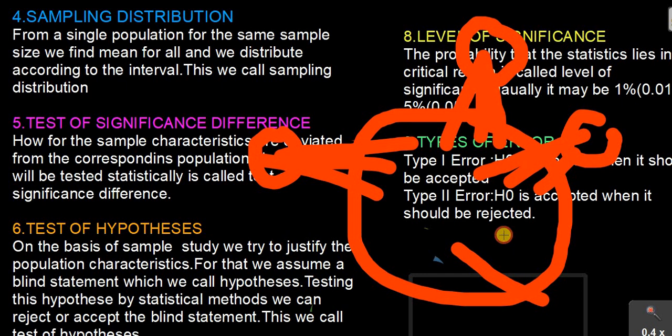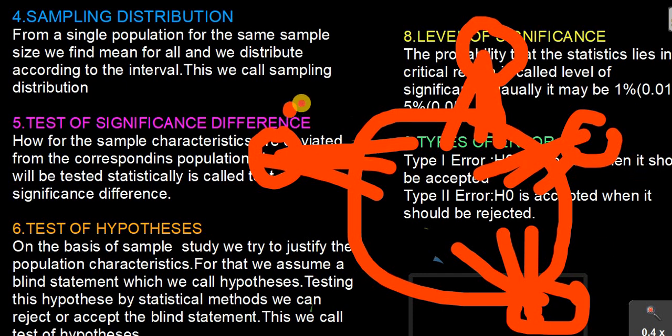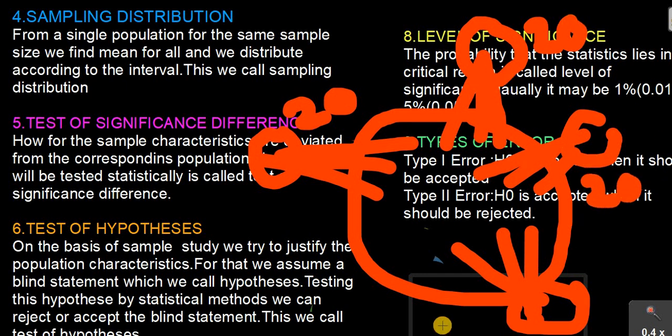Another sample, for that also I take the mean, and another, and another, such that all these samples have equal size. Suppose 20 students are in this particular sample, 20 students in this sample also, and in this also. So we can get so many samples like this from the same population.